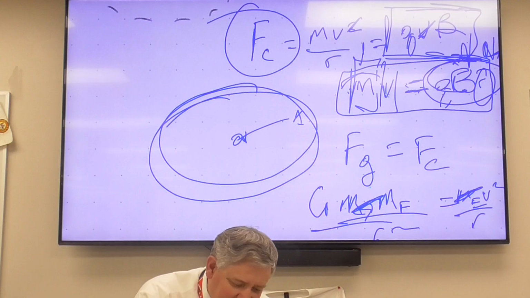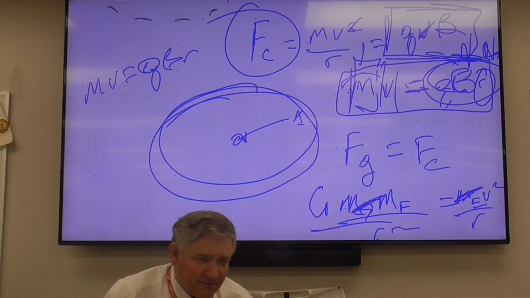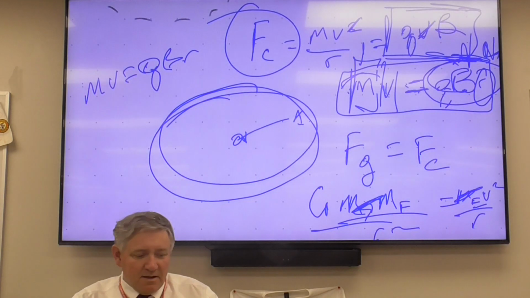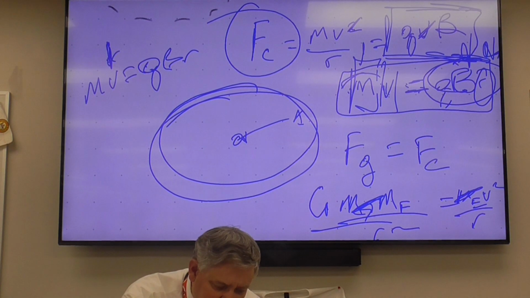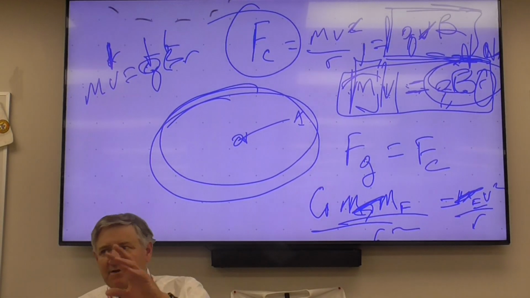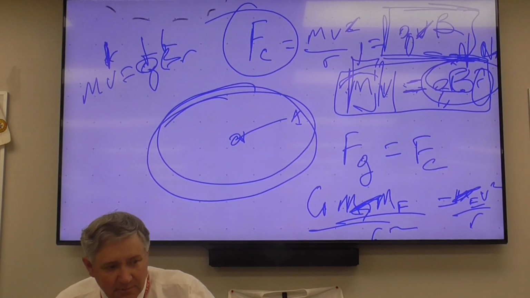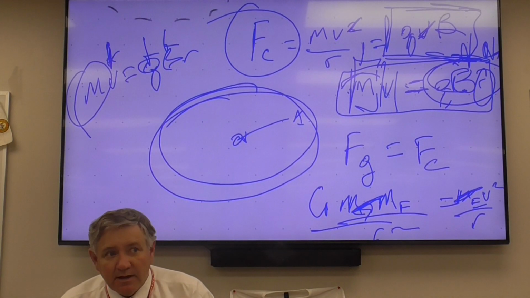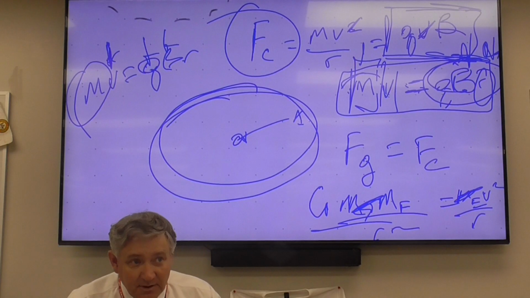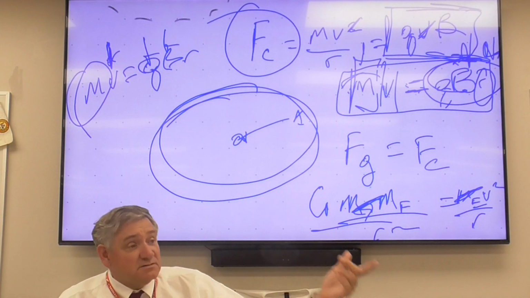You've got mv equals qBr, right? M down, M down. So if you shoot an electron and a proton with the same velocity, the same charge and the same magnetic field, what do you know about the mass of the proton? It's bigger. So what has to happen to its radius? Also bigger.